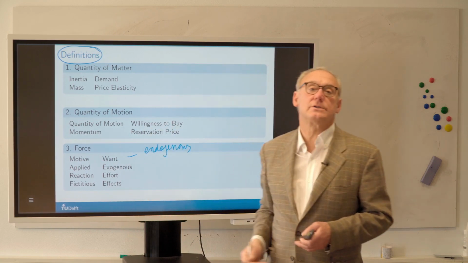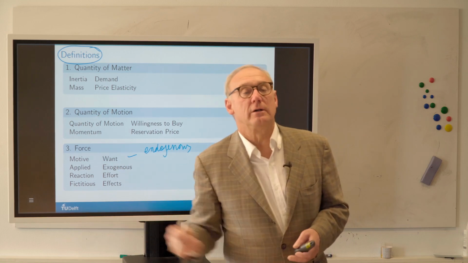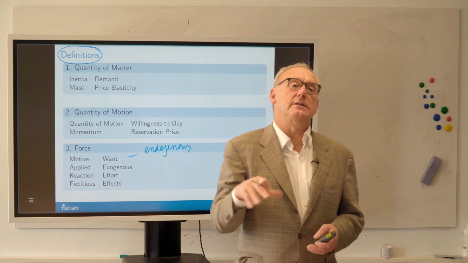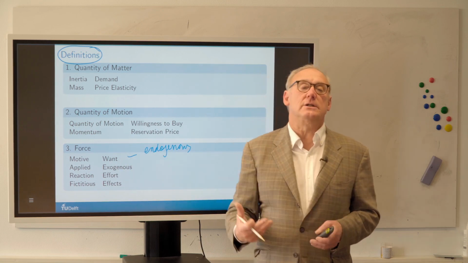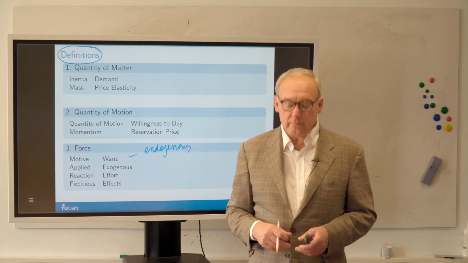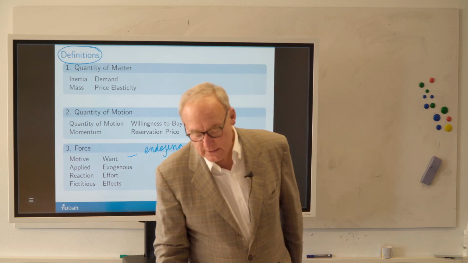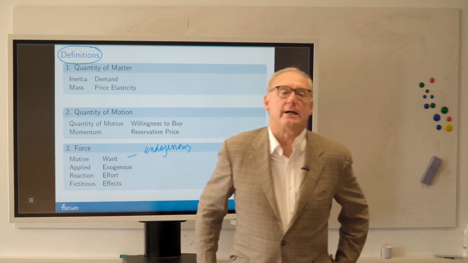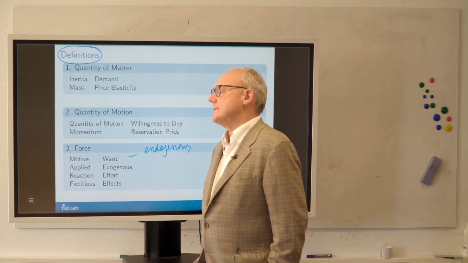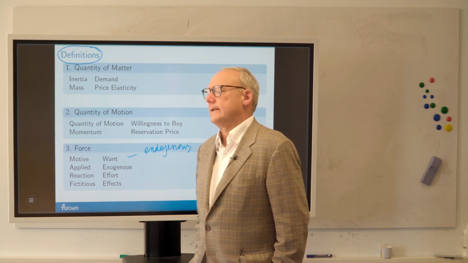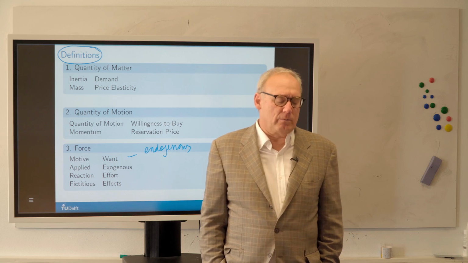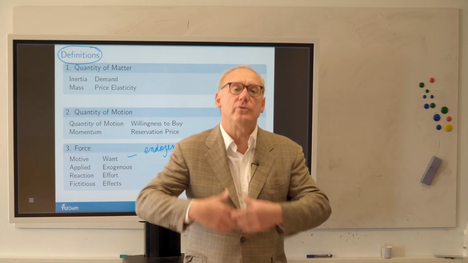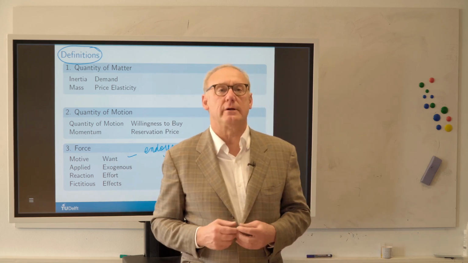Exogenous comes from the outside, external, and endogenous is the inside. Okay, so the want is endogenous to the agent, and it's really interesting because Aristotle's idea, which everybody held on to until Newton and even after, was that a force was required to continue the motion, all right?